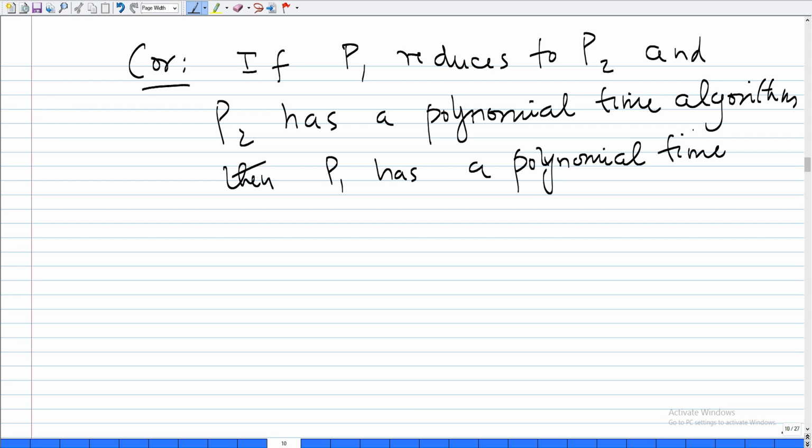We made two assumptions: P1 reduces to P2 and P2 has a polynomial time algorithm. So, run the polynomial time algorithm for P2. From the answer, you recover the answer for P1, and that would constitute a polynomial time algorithm for P1, and that algorithm's running time would be whatever time it takes for your reduction plus whatever time it takes for P2.